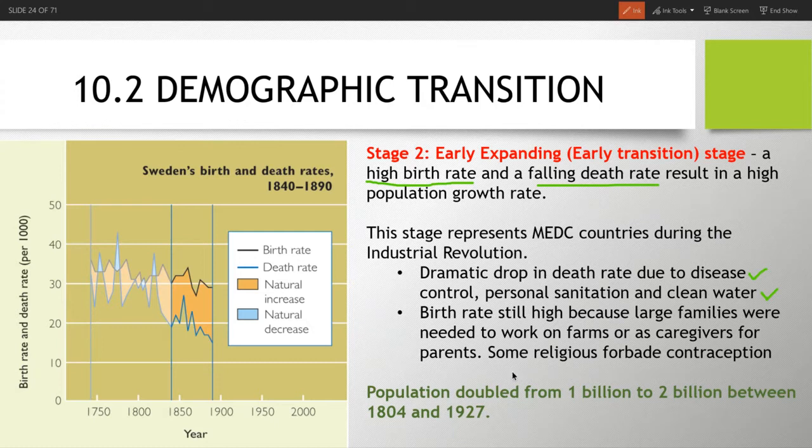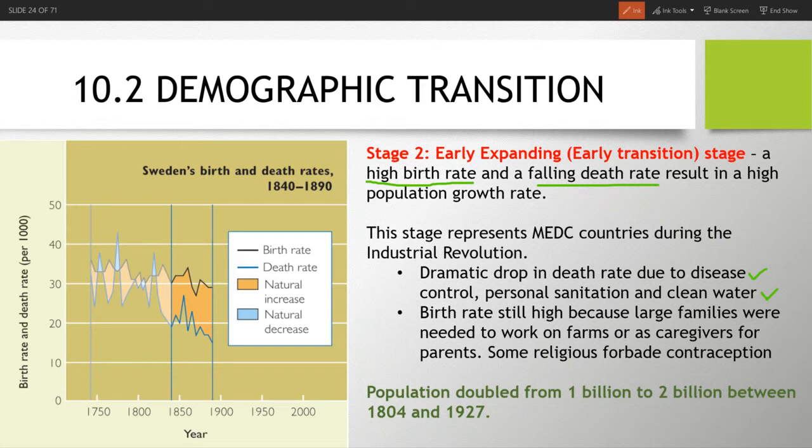The birth rate stays high because traditionally families are still relying on the work of their members in order to provide for food and other needs that they have, economic needs.